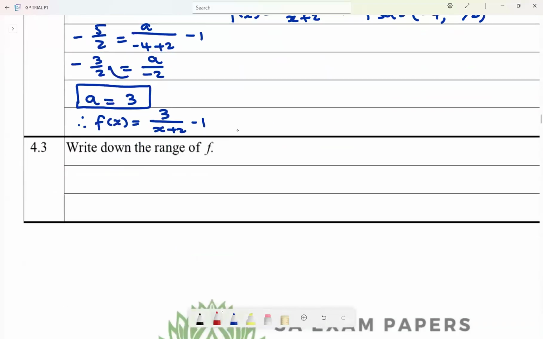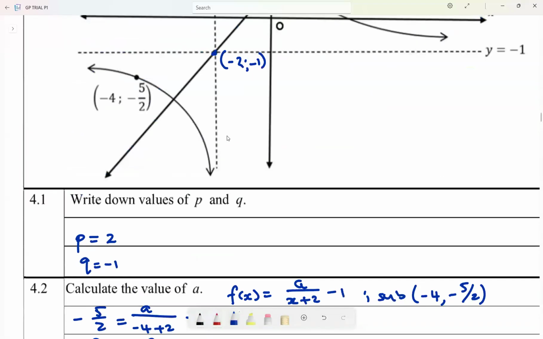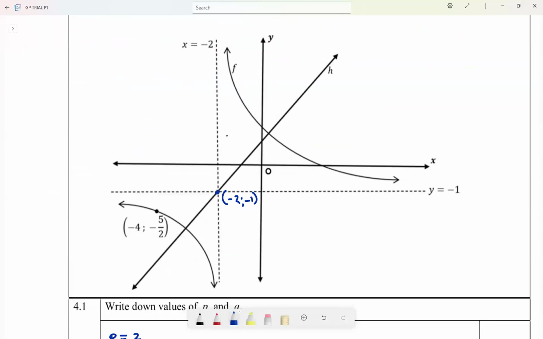Well, the range of a hyperbola is y is an element of real numbers, but y should not be equal to the asymptote. Where is your asymptote? Let me show you why we are saying that. Values of y are here. So it is from -infinity, and then it goes all the way, and when it's supposed to reach -1, it jumps and continues from positive infinity.